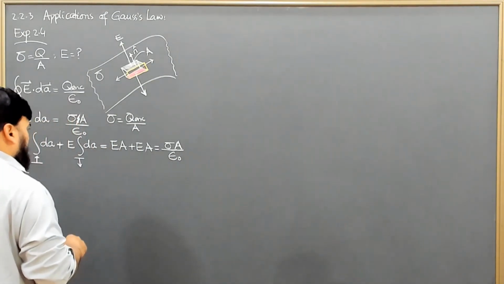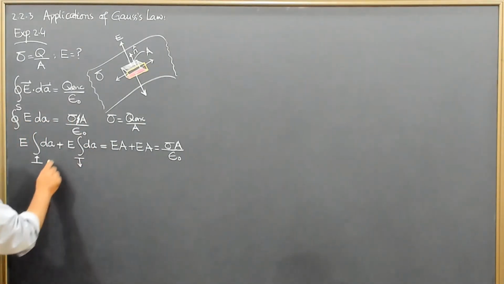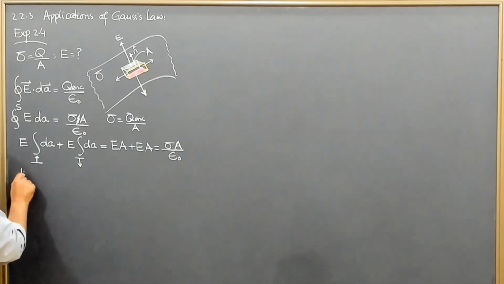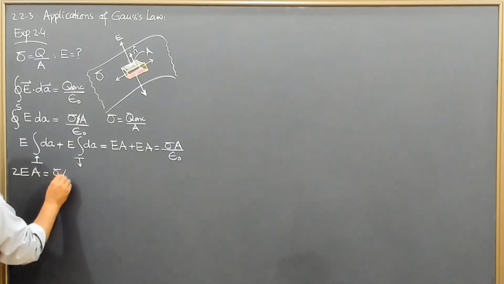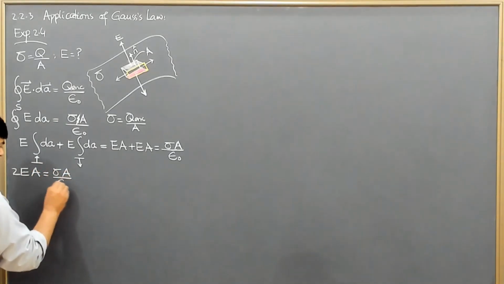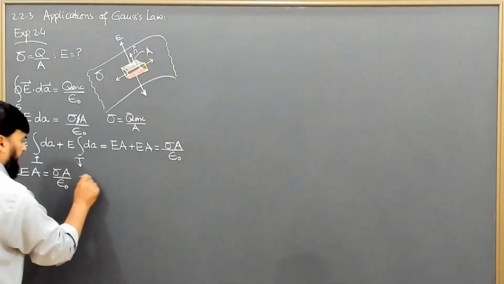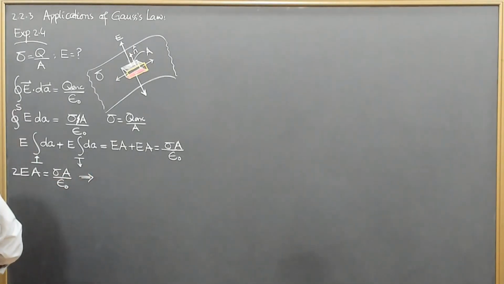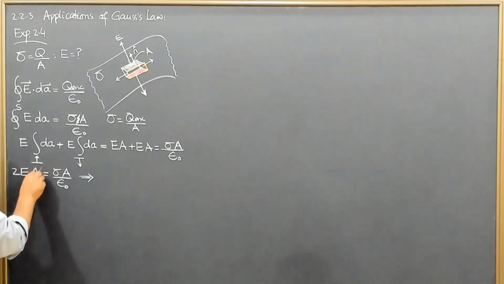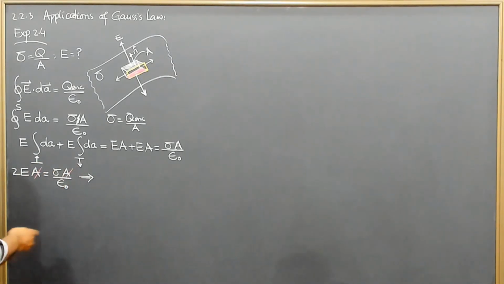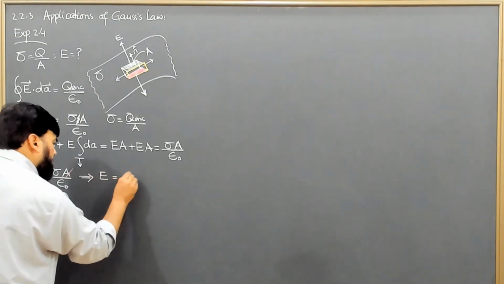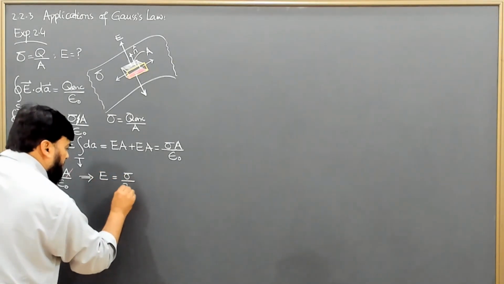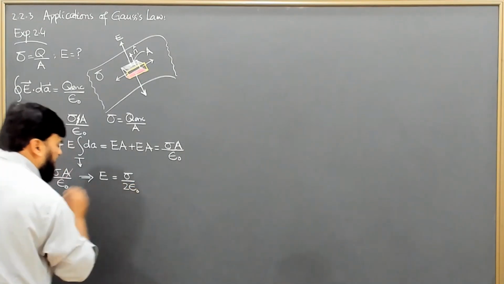And now we will write E times 2A, like 2EA equals sigma A over epsilon naught, and A and A will cancel with each other here, and we will have the electric field equals sigma over 2 epsilon naught here.